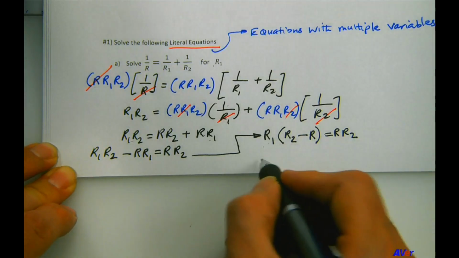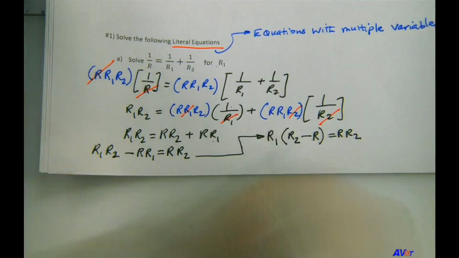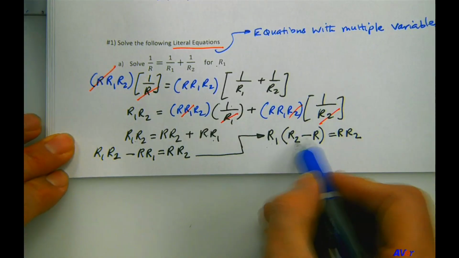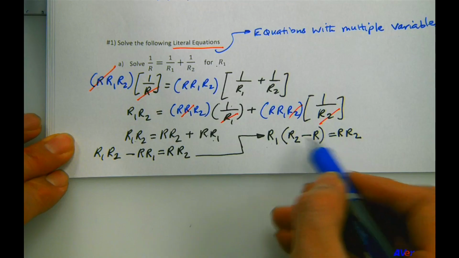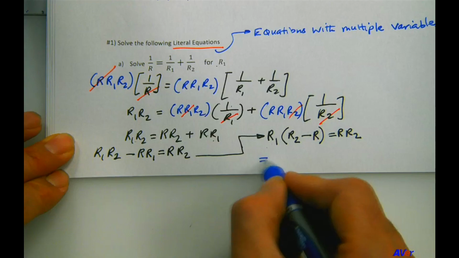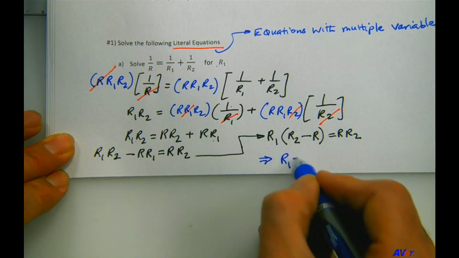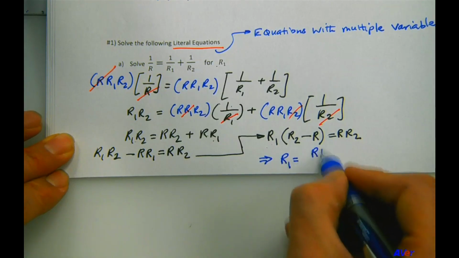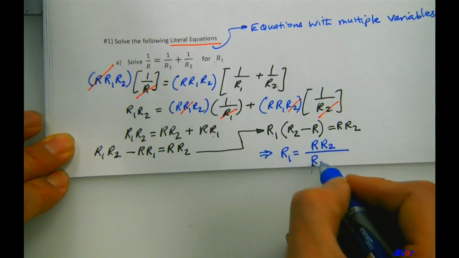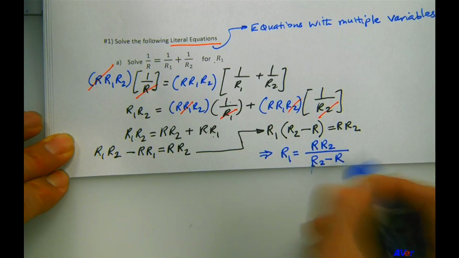Now the last step. How can we solve for r1? Well, divide both sides by r2 minus r, right? So therefore, r1 is equal to r times r2 divided by r2 minus r.